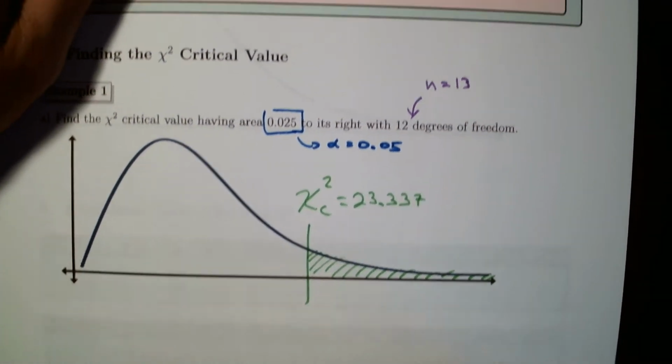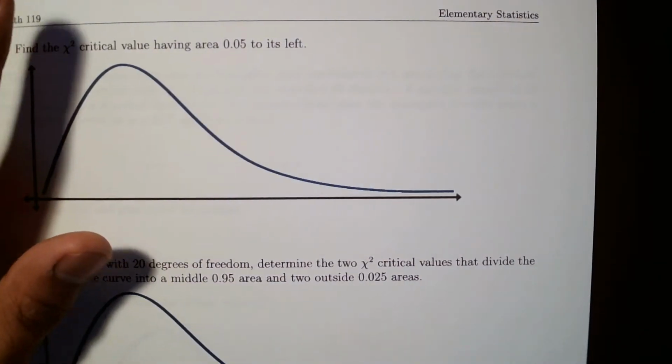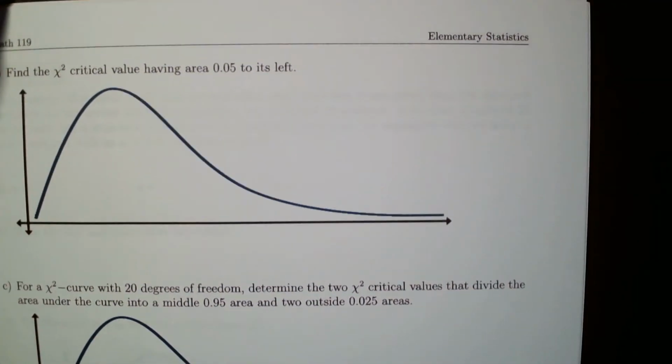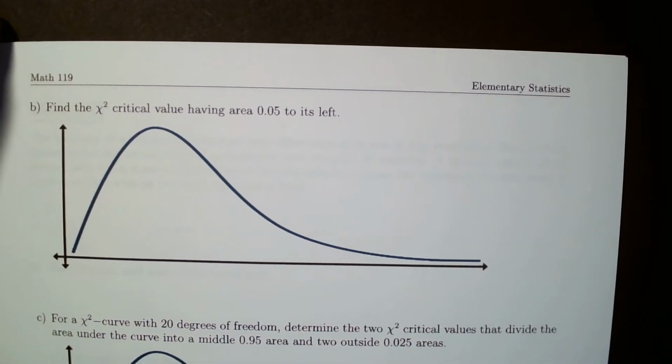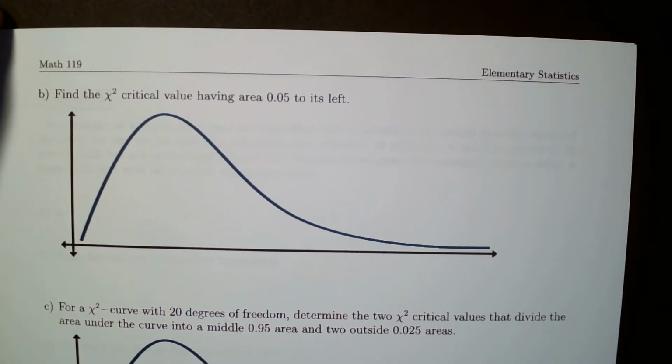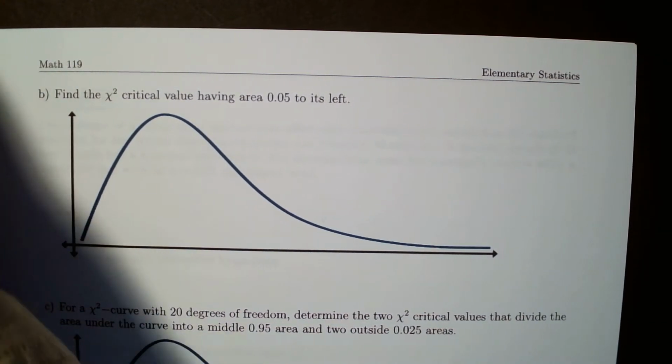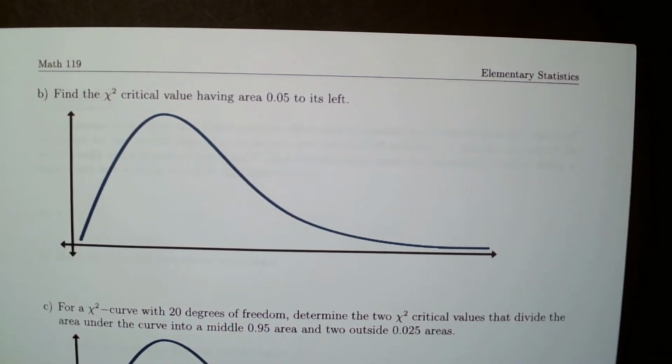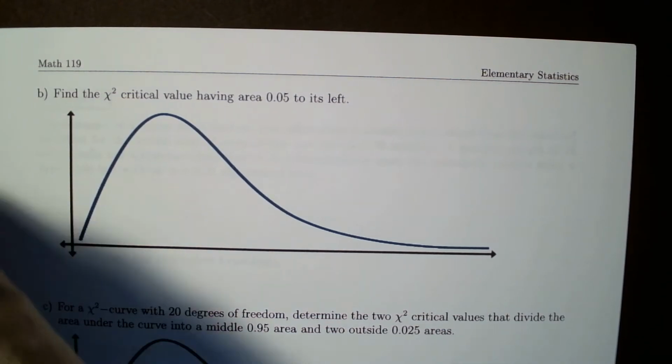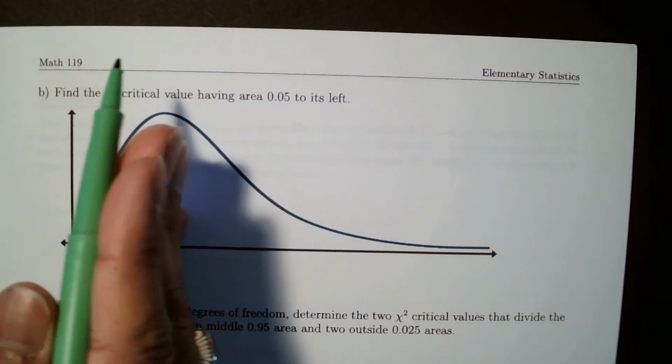All right, let's look at another example. Find a chi-square critical value having an area of 0.05 to its left. Here we need to be very, very careful, because for 0.05 to the left, we're going to go to the left of the graph.